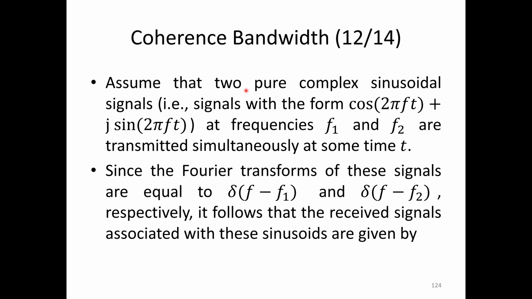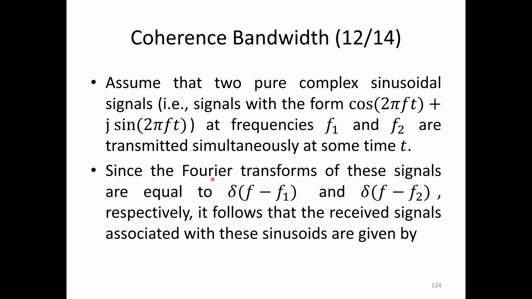Assume that two pure complex sinusoidal signals, that is, signals with the form cosine 2 pi ft plus j sine 2 pi ft, at frequencies f1 and f2 are transmitted simultaneously at some time t.